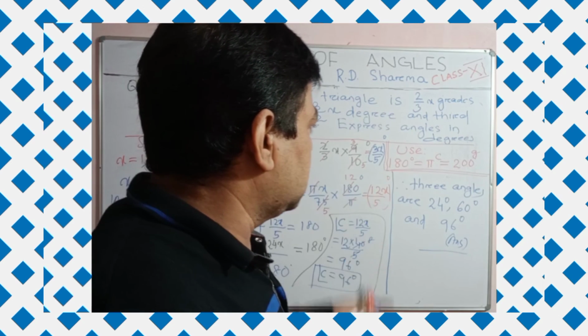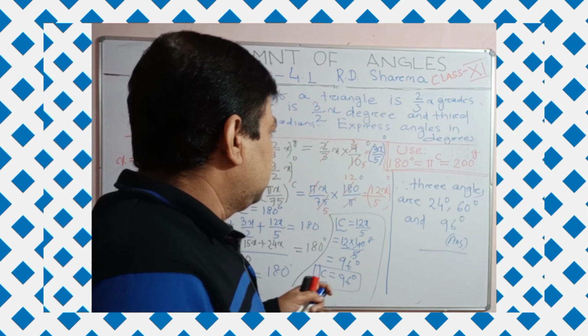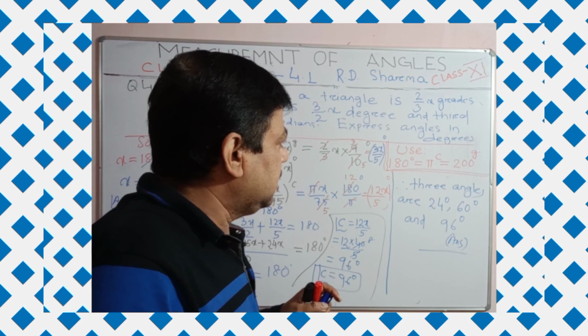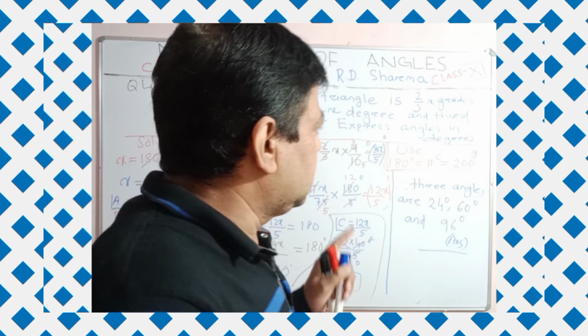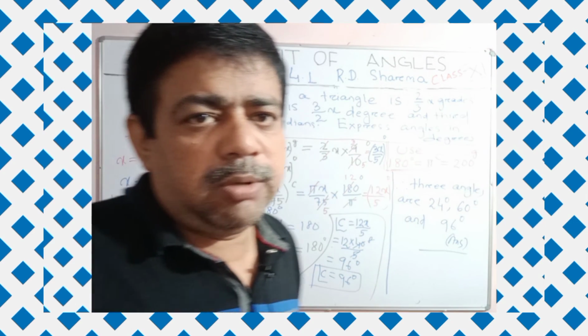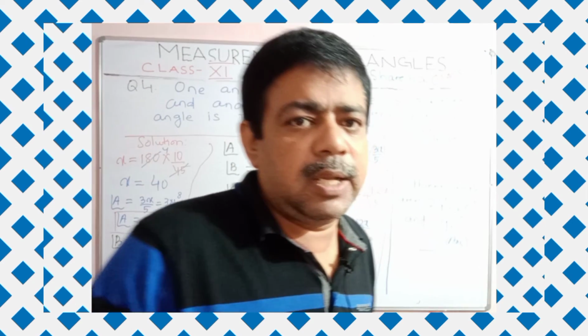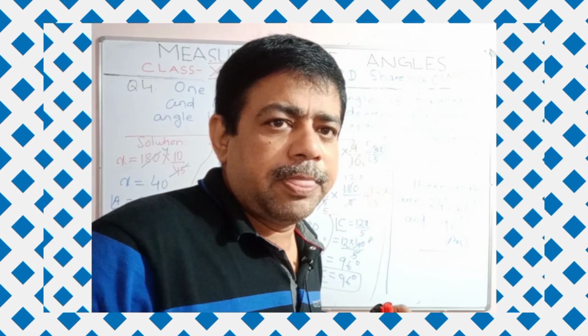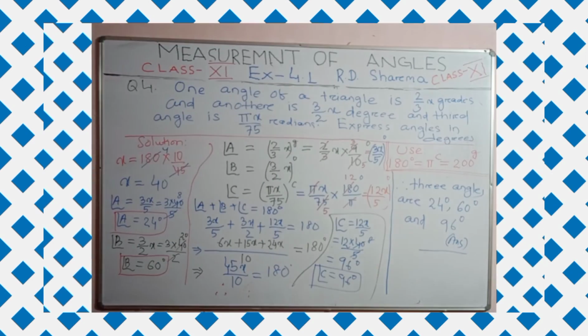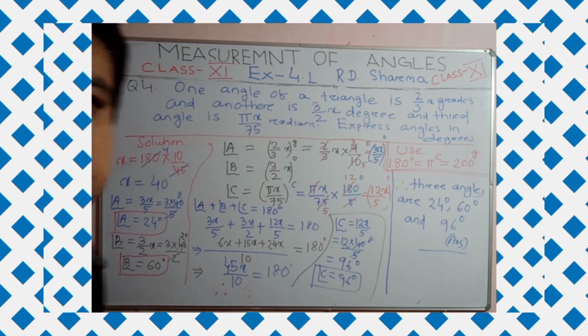Remember this concept. 180 degree is equal to pi radian is equal to 200 grades, and this relationship is always useful during conversion of one system of angles into another. Okay, is it clear, all of you? Okay, so note down this one.